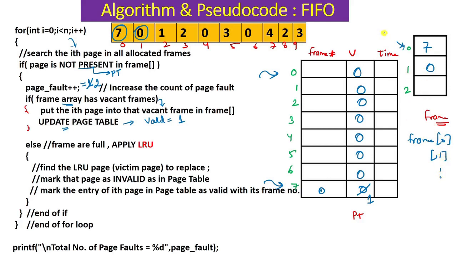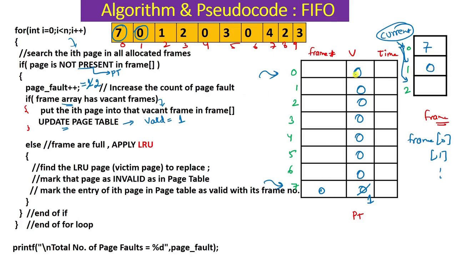So I will use a variable named current inside my program. Here I will do that. I'll put frame[current] equal to my 7, then frame[current] equal to 0. Current will initially start from 0, and then it will keep on updating to 0, then 1, then 2, and so on. After putting 0 at this current position, I will update the page table.